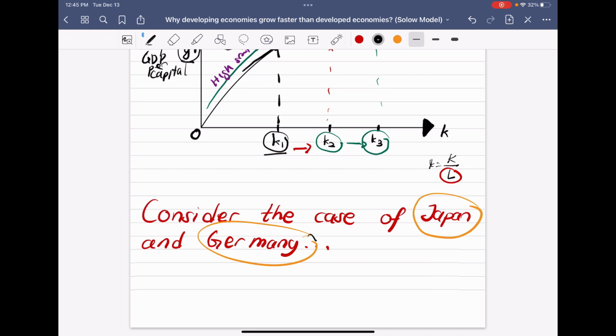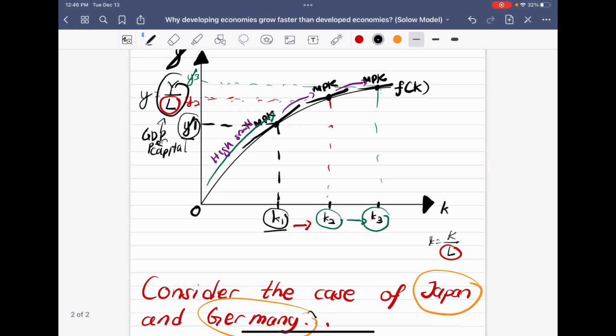But the question came: why were Japan and Germany growing much faster than the US after World War II? So economists started wondering if it's because, after the war, Japan's capital stock was destroyed, and Germany the same thing. Once they invested in new capital, it became very effective because the capital per labor was low. So the output per capita was increasing at a high scale.